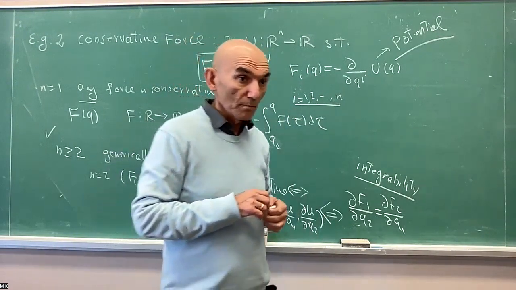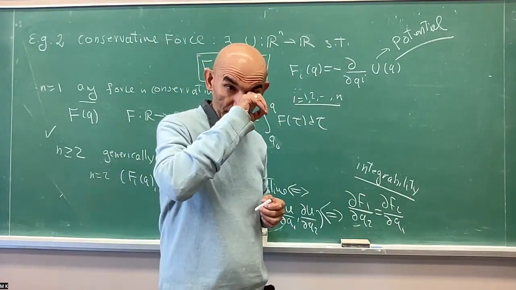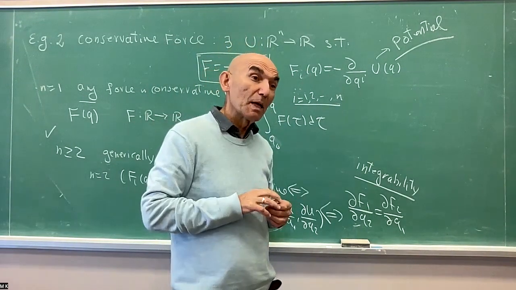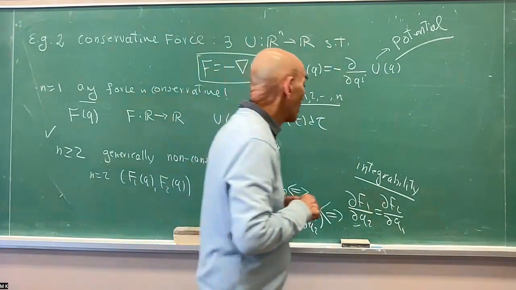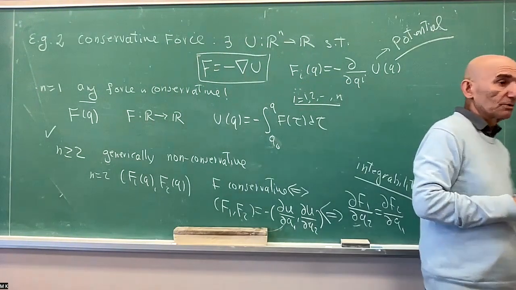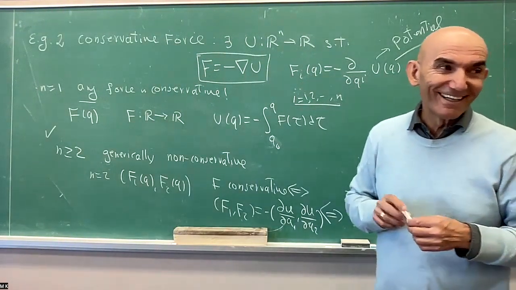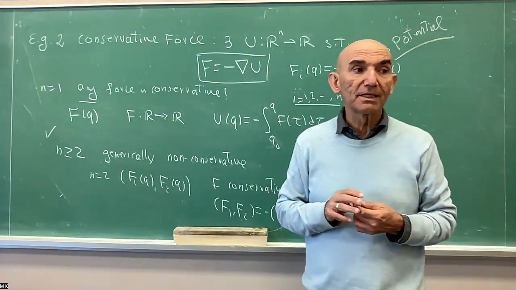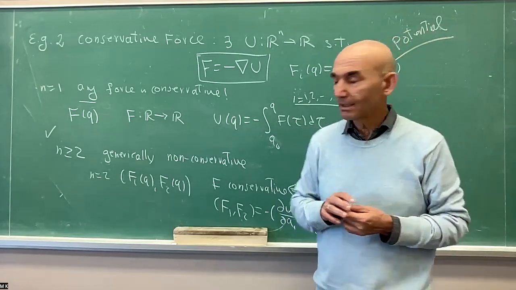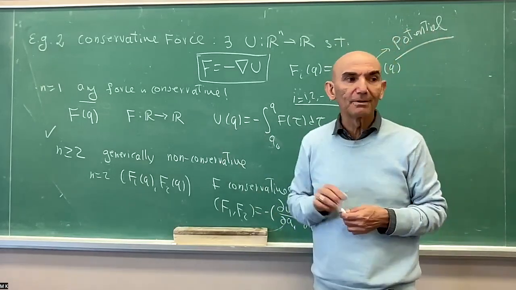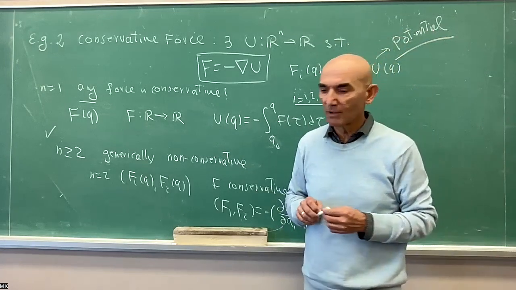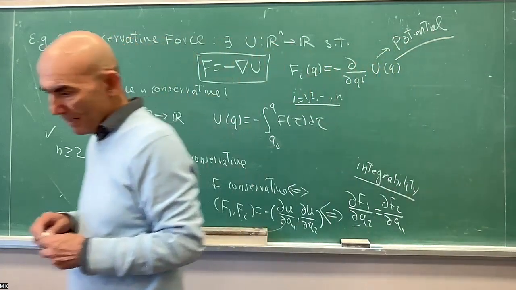What does it mean when they say integrable? Yeah, this is a long story. It is related, it's the beginning of that story. We can discuss it in one lecture sometime.